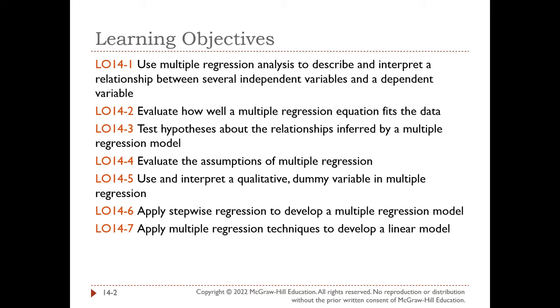We're going to test the hypothesis, because we already know we're going to always test now, about the relationships inferred by a multiple regression model. We're going to evaluate the assumptions of multiple regression. We're going to use and interpret a qualitative dummy variable in multiple regression. Then we're going to apply stepwise regression to develop a multiple regression model and apply multiple regression techniques to develop a linear model.